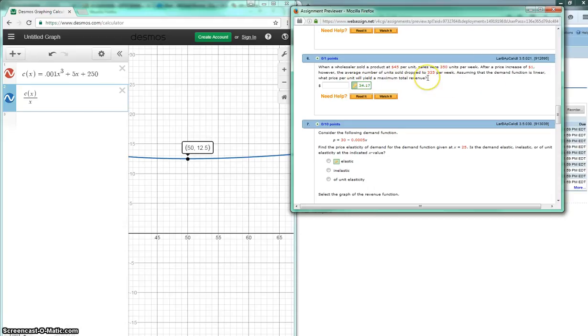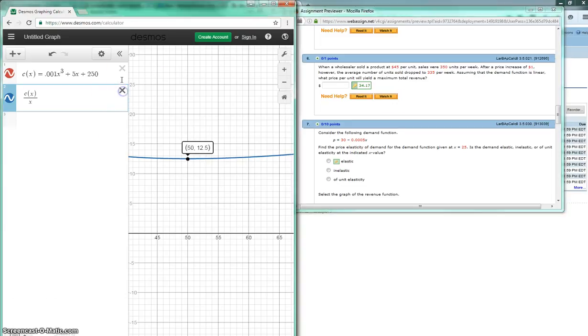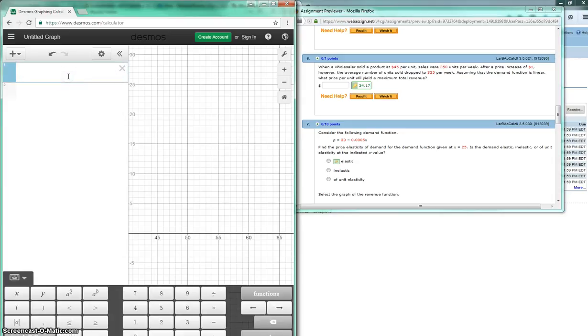So to do that, we have to get a price equation, and we can find that here. And then to find revenue, it's price times our X value. Let me play around with this for a second, I'll show you something.